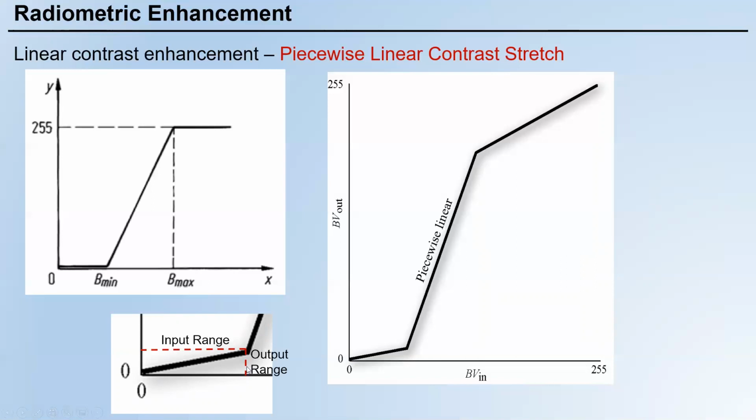So actually, these pixels, they are compressed in terms of their values. So for this part, for the first segment, what it did is actually making the situation worse. Those pixels within this input range, they're even more difficult to identify in the output image.